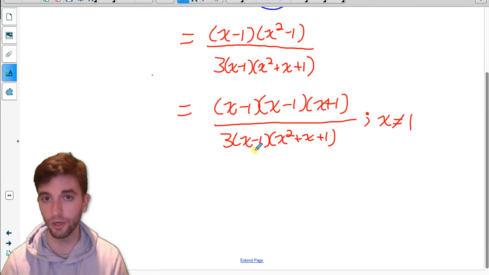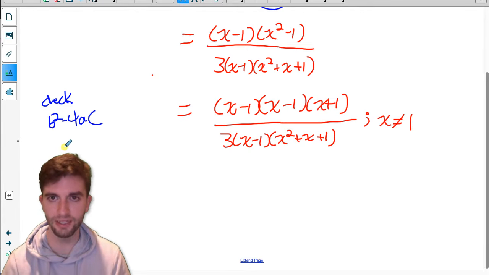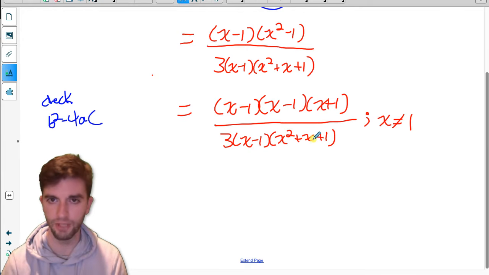Well, if you're not sure, you could check the discriminant. Let's check b squared minus 4ac. It's a quadratic, so the discriminant, b squared minus 4ac, tells us how many zeros it would have. If b squared minus 4ac equals 0, that means there's one way that it could be 0. If it's a positive number, it means there's two ways it could be 0. And if it was a negative number, it would mean that this couldn't be 0 at all.